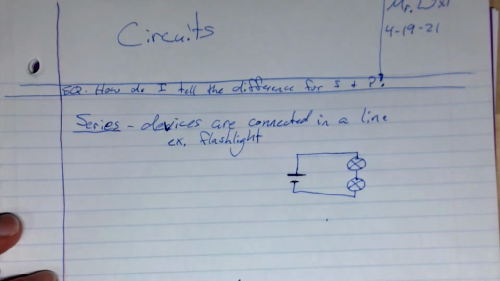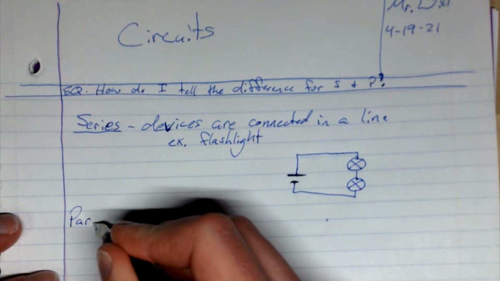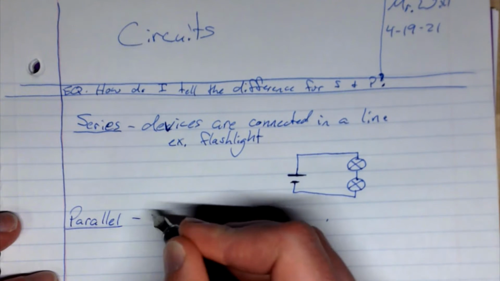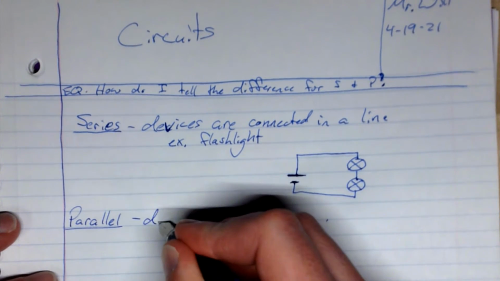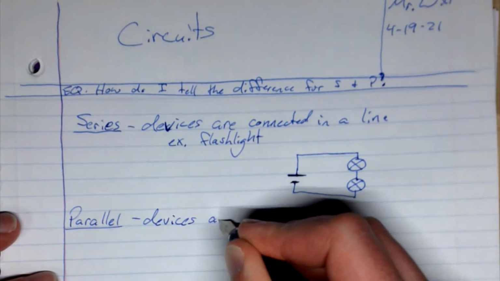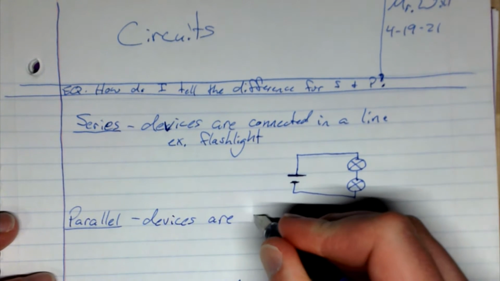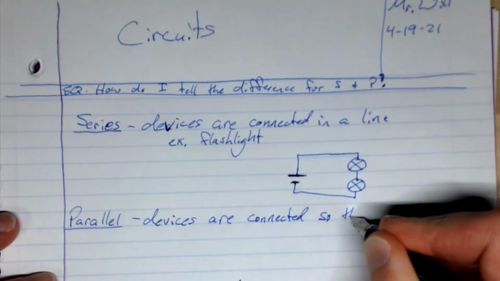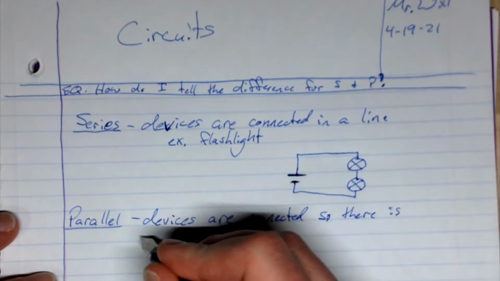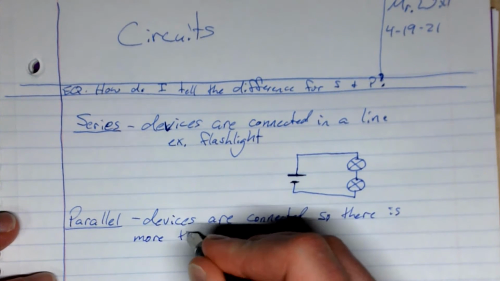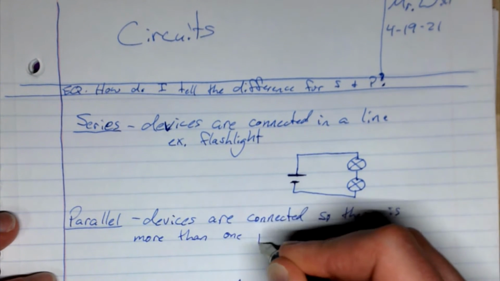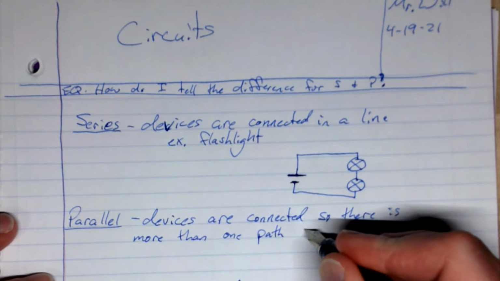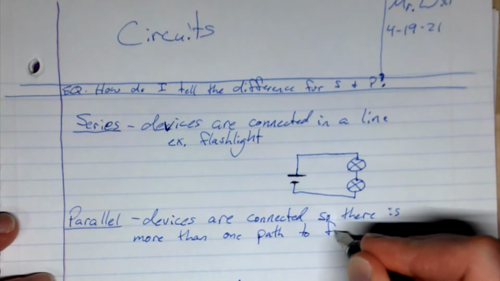The next one is parallel. So in these ones, the devices are connected so there is more than one path to follow.